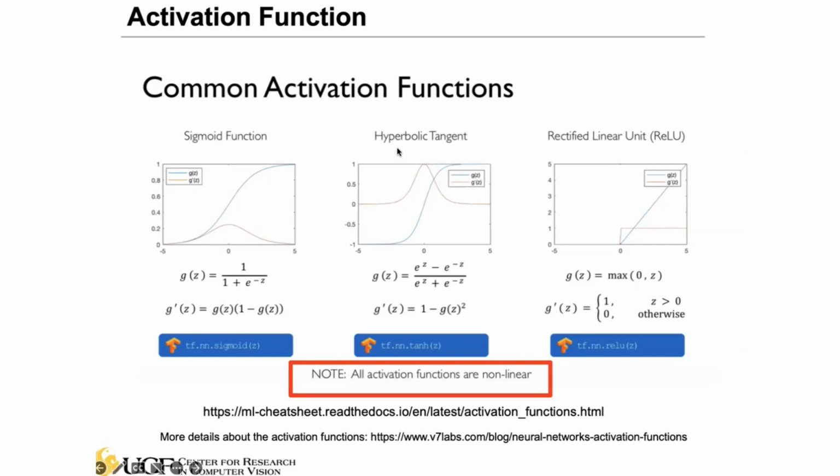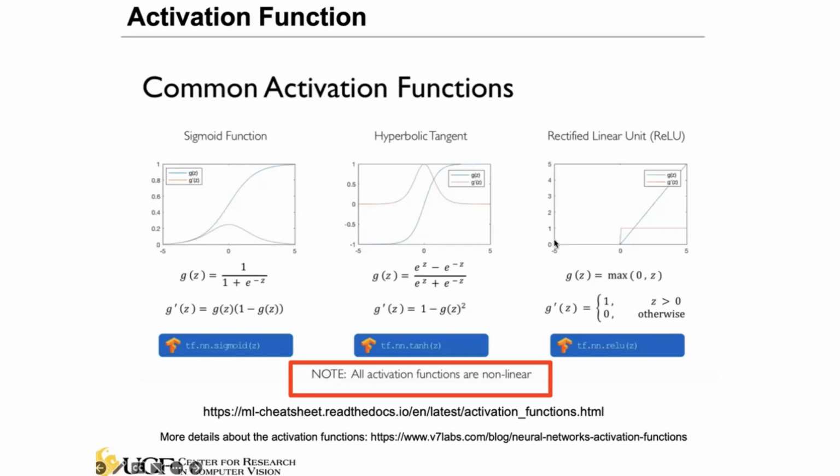And there are also other activation functions besides sigmoid. We have the hyperbolic tangent and the rectified linear unit, or ReLU. You must have probably heard of ReLU in a lot of these classical neural networks. These are the common activation functions being used.